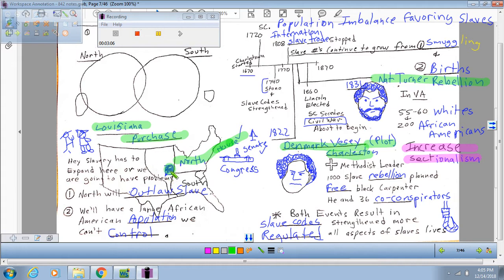Now, the South really feared that if these states were to decide not to allow slavery, the North would have two more Senate votes on their side, and they would then have the House and the Senate, which could pass laws outlawing slavery.